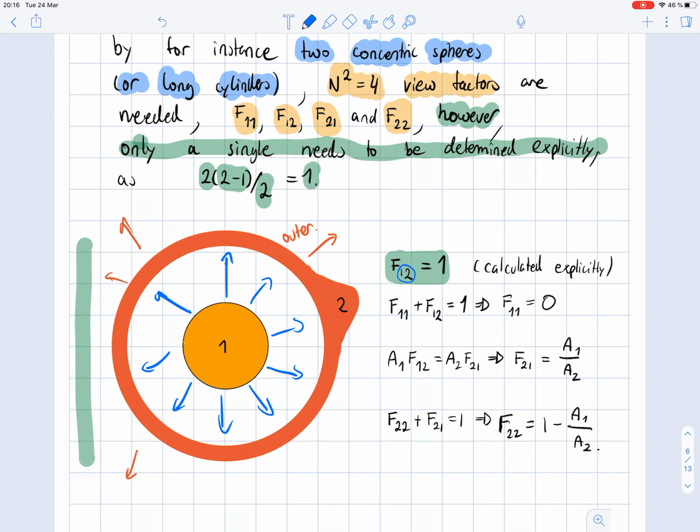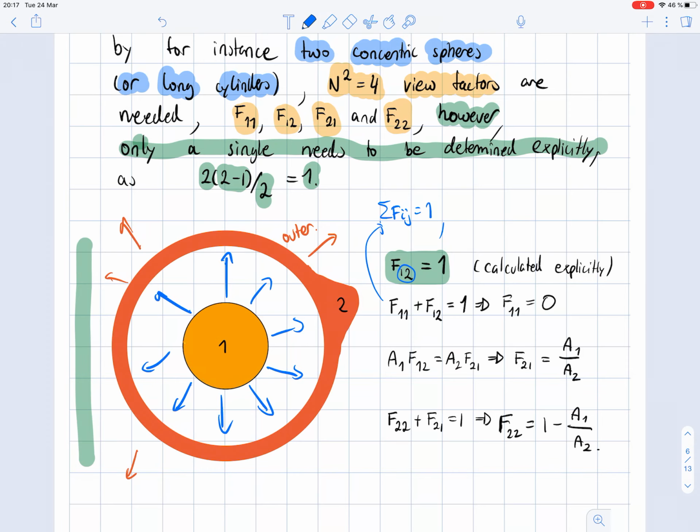Next, we can also look at the summation relation. That one states that we're going to sum Fij and that should equal 1 for all j's.